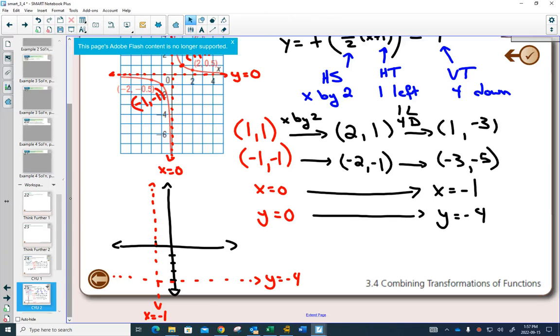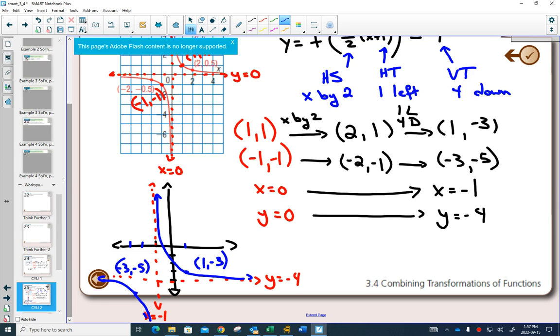I can now label my points. I have the point 1, -3, and I have the point -3, -5. Your graph has to go towards its asymptotes.